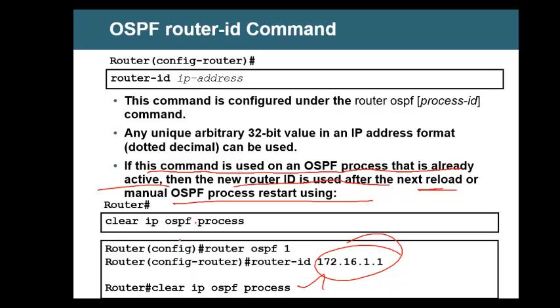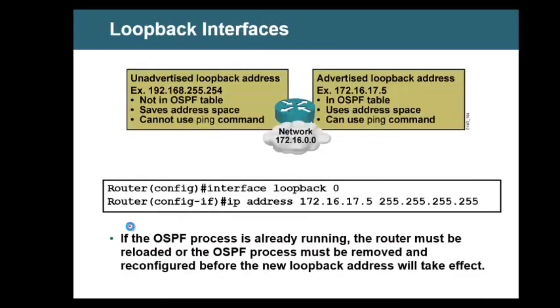So is the router ID important? Yes, it is important. Why is it important? To prevent loops. OSPF will never work without a router ID. If you don't configure it manually by using the router ID command, then OSPF is going to dynamically pick from the loopback interface.